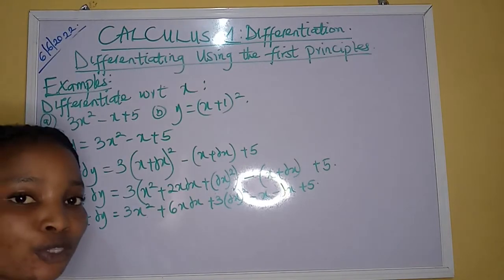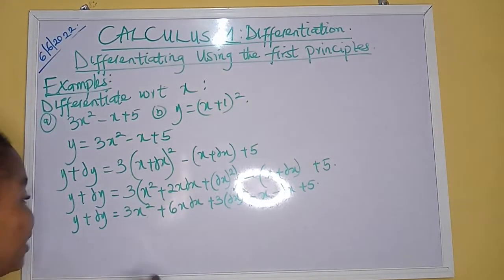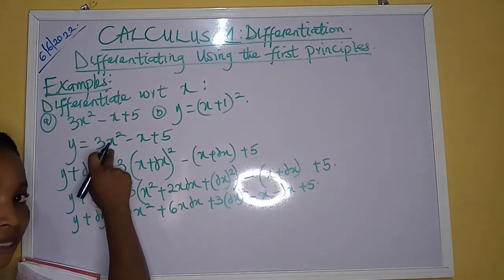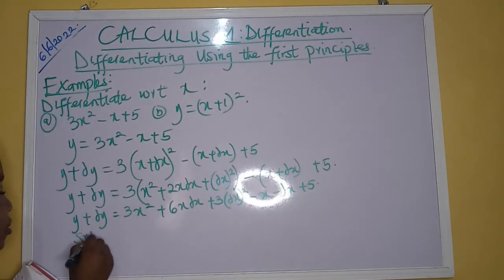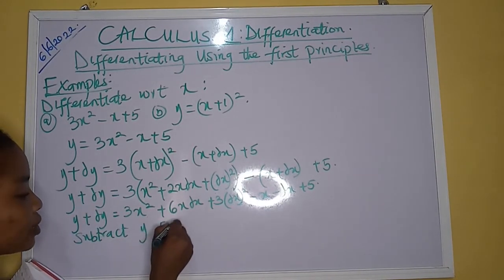The next thing to do is to subtract y. And let's not forget that the same y is still this. So we subtract y from both sides.